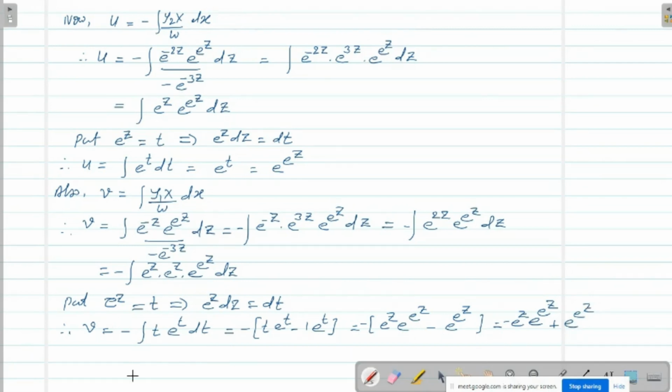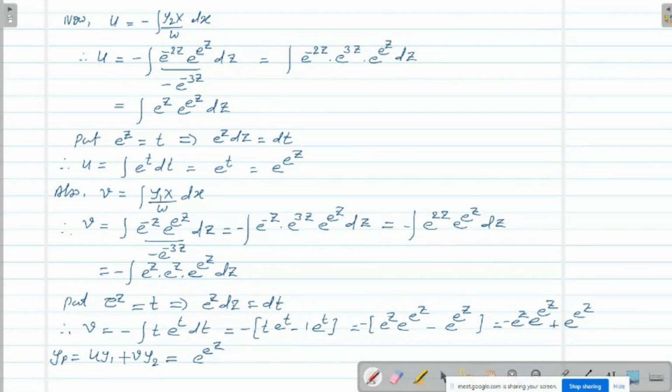So now what? Therefore yp is what? yp equal to, your formula for yp is u y1 plus v y2. Okay, so u y1, I'm substituting over here. u is what? Your u is e raised to z, and y1, your y1 is what?